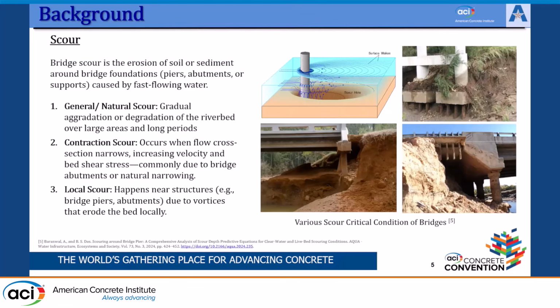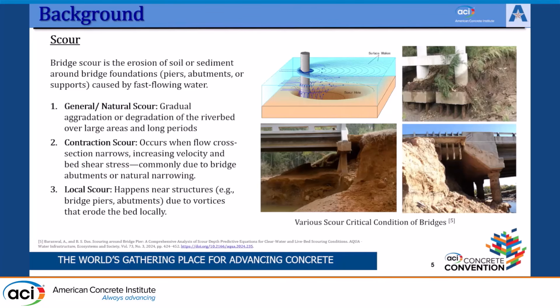The first is natural scour or general scour, which happens over time. The second is contraction scour, when the channel gets narrower around a bridge or abutment, the flow gets disturbed, and that's why it happens.